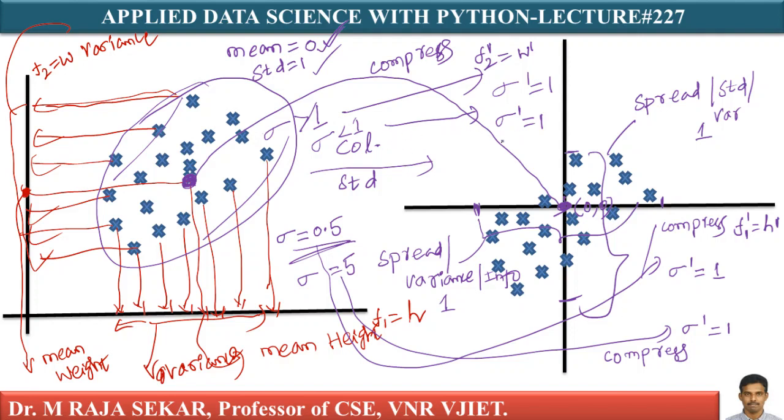Our idea is that the transformed data must have standard deviation 1. As I told you in my previous lecture, if the mean is 0 and the standard deviation is 1, the data can follow a standard normal distribution, which has many benefits. We already discussed what a standard normal distribution is. This is often called mean centering, because you are centering the mean at the origin.